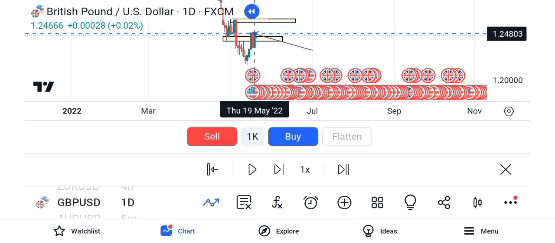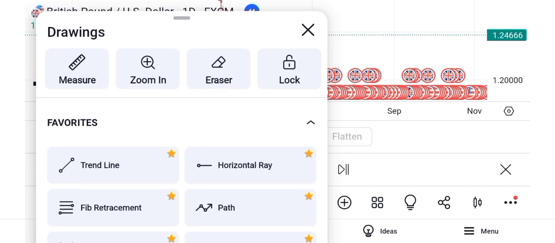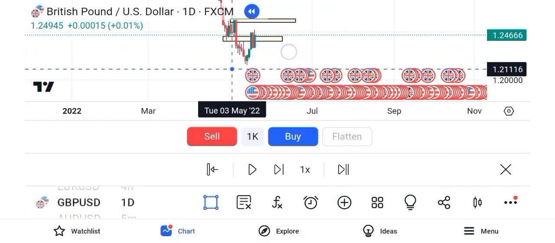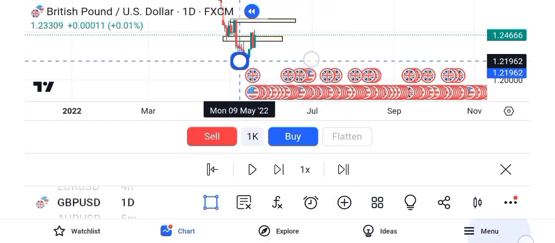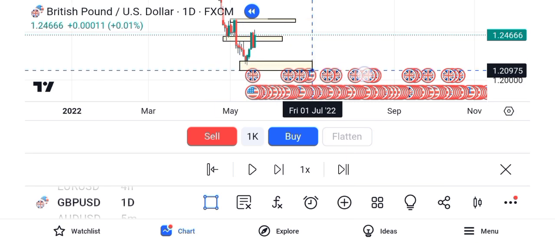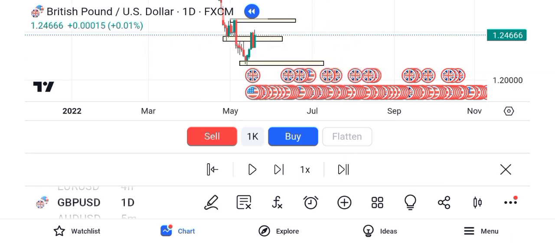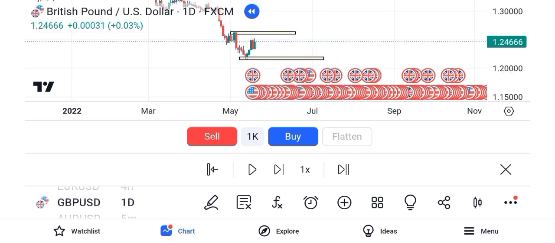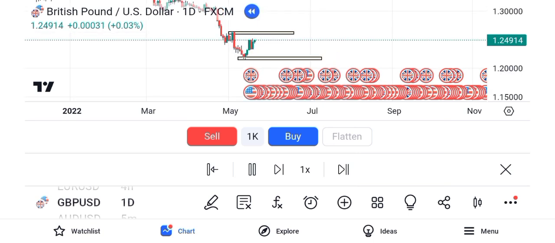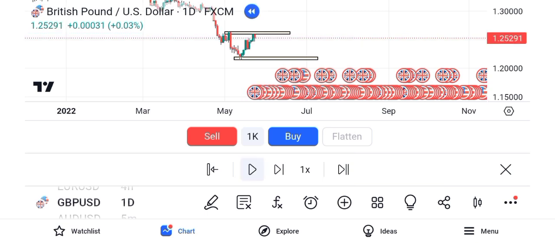That's how it works. So now we tend to get another swing point here. We get another swing point here. Then get rid of this particular swing point. Now let's see what the market does. Oh, okay, so we were lucky.